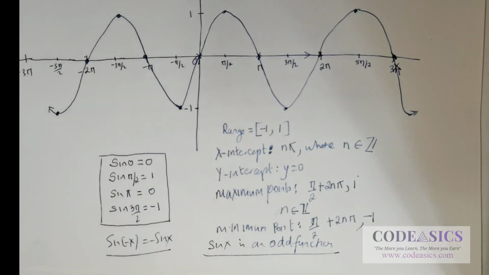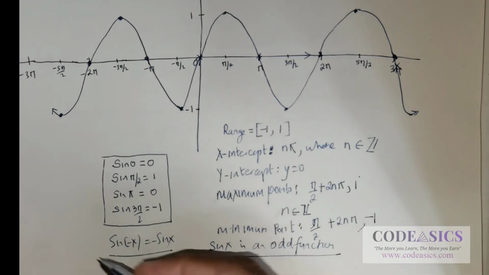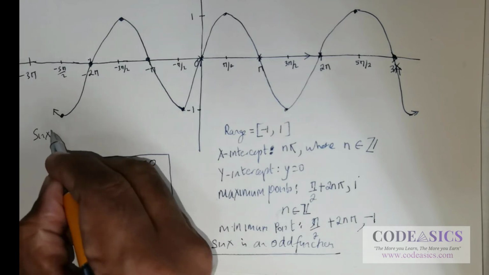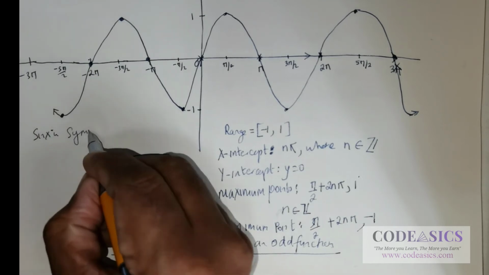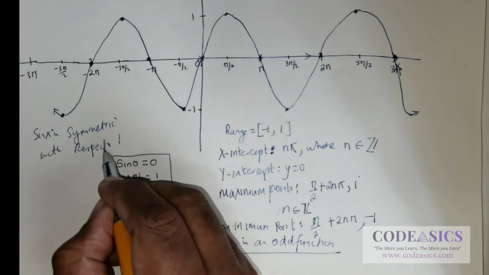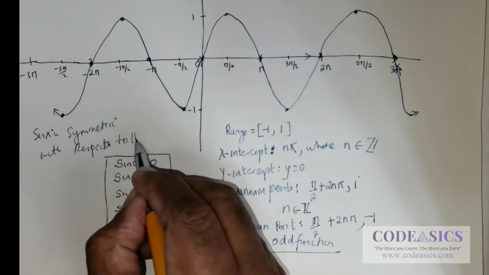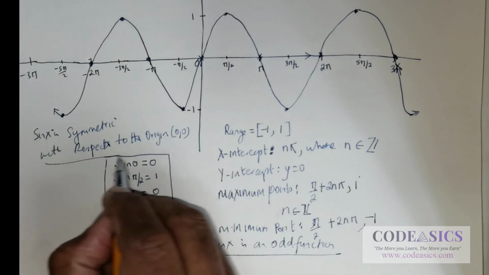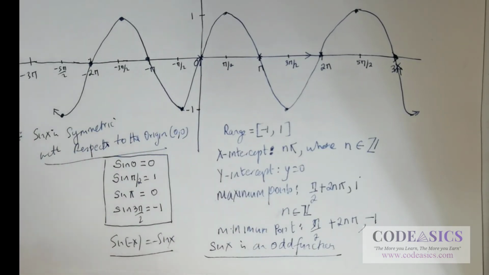If someone is asking you what is the symmetry of this function, you can say that sine x is symmetric with respect to the origin (0, 0). So this is a very important aspect.